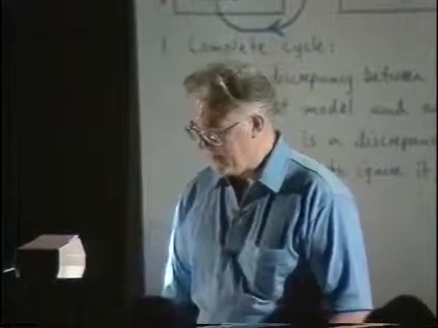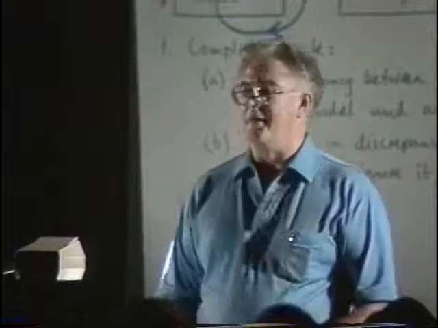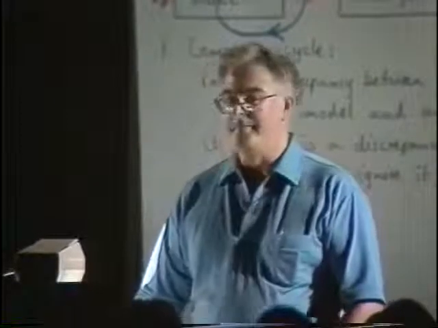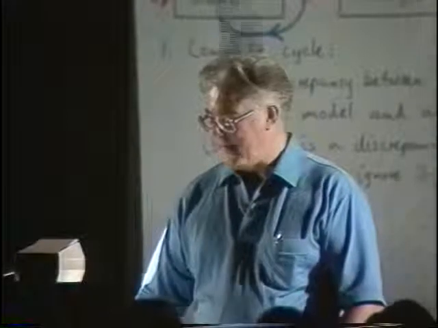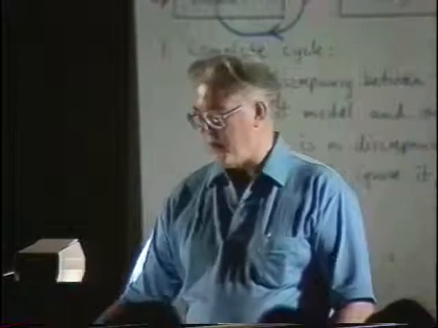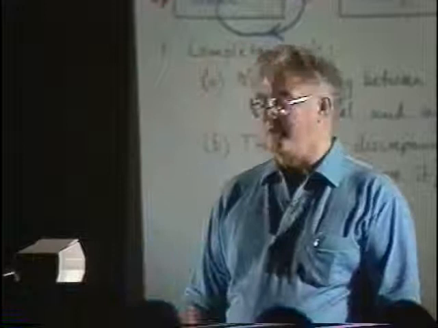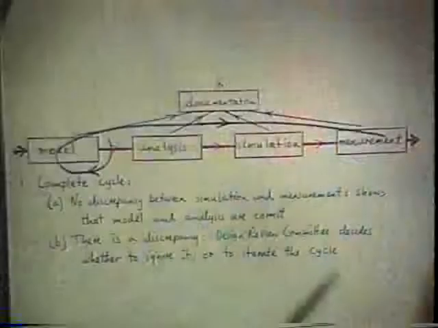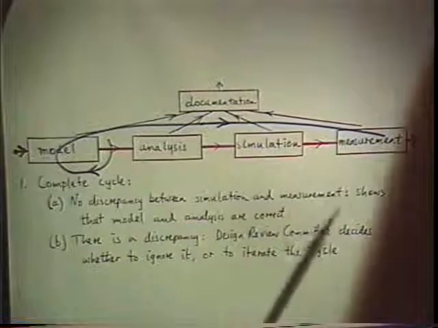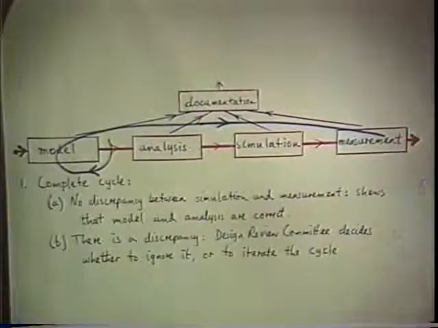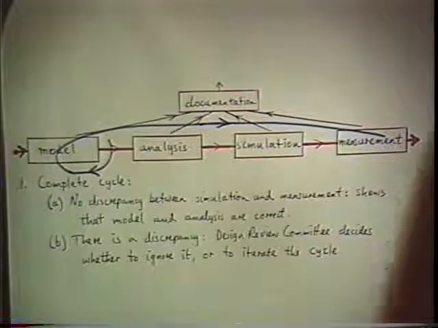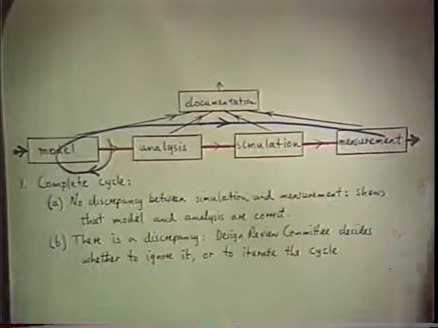So no change needed. The other possibility, of course more likely, is that there is a discrepancy. And then either the designer himself or possibly with the help of the design review committee will have to decide whether the discrepancy is explainable in some simple way and could be ignored, or whether it requires another iteration. That's part of the control function.